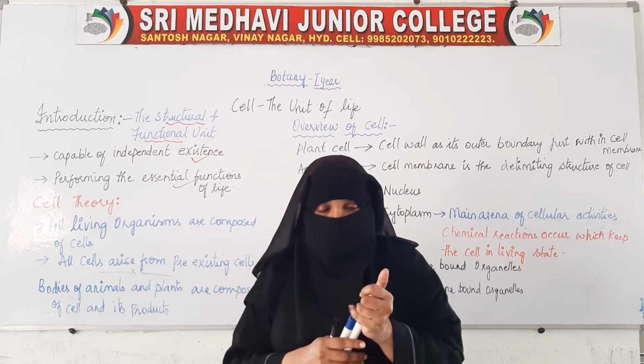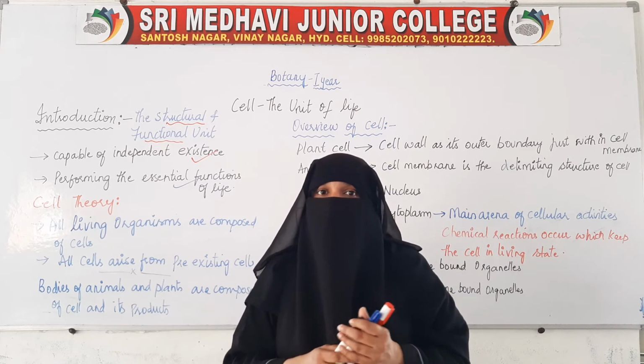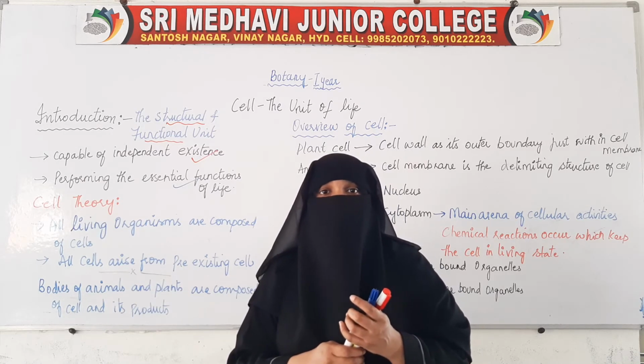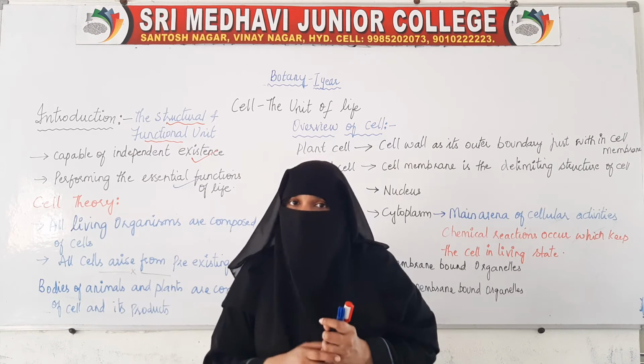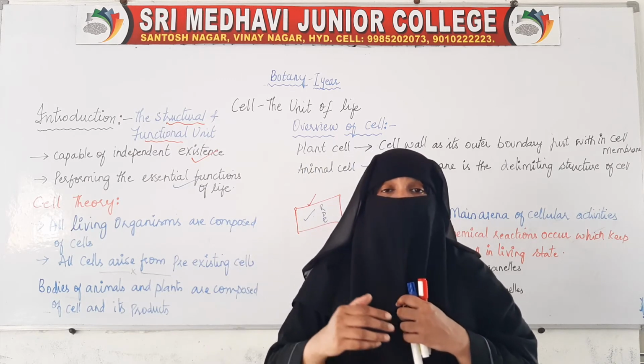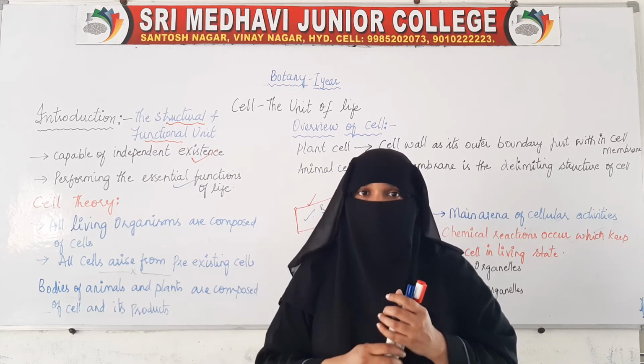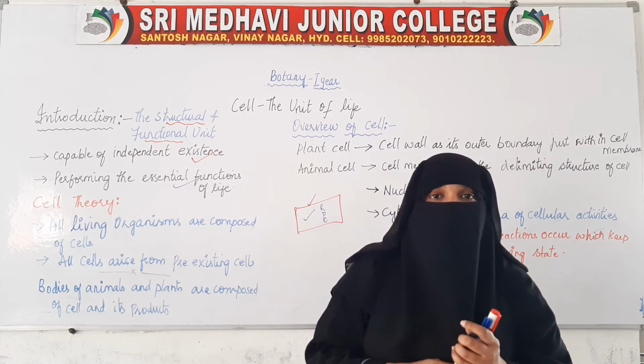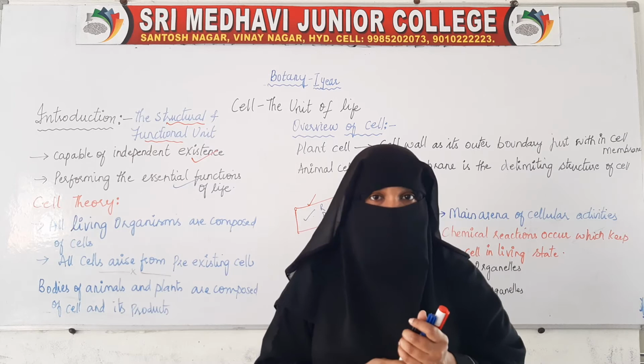So, with this microscope, Antony von Leeuwenhoek discovered the cell in the living organism for the first time. Robert Hooke also discovered it, but in the non-living organism. So, the first cell discovered in a living organism was by Antony von Leeuwenhoek.